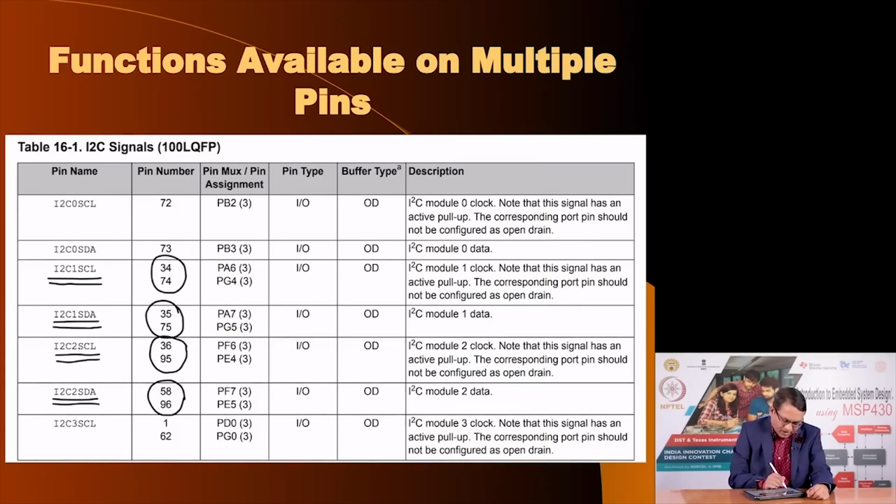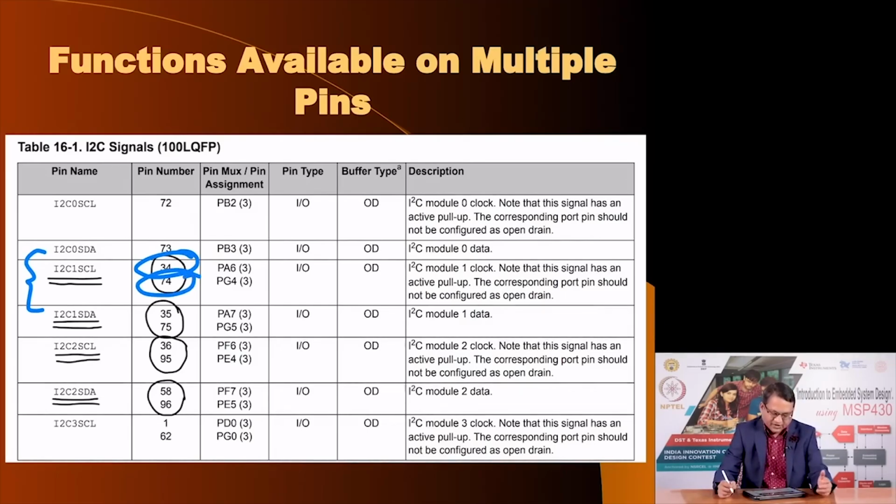Here, if you look at this function, this is the I square C module, and this is the clock for the I square C module. It is available on two pins, pin number 34 and pin number 74 also.